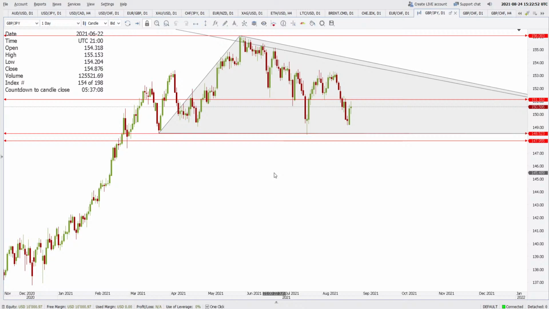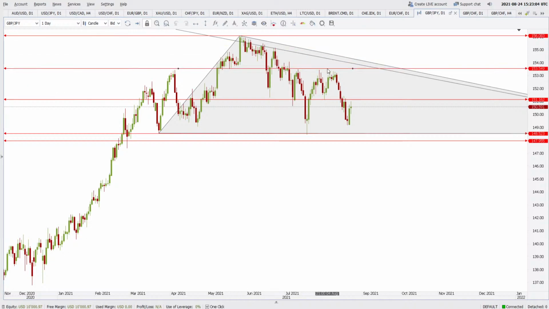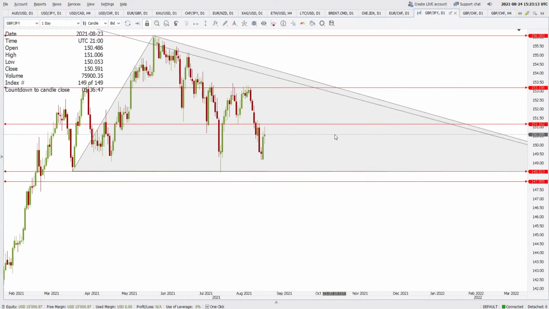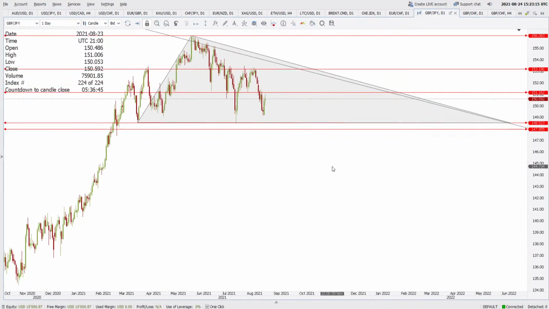GBPJPY, another selling opportunity may be offered at 151.16 with a target of 148.52, but if the price is able to cross above 151.16, then the next horizontal resistance will be around this 153.19 region and this falling trend line, which we have actually created ourselves.